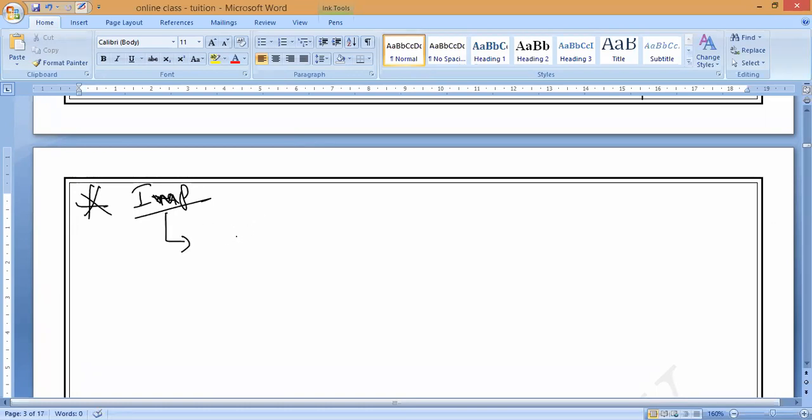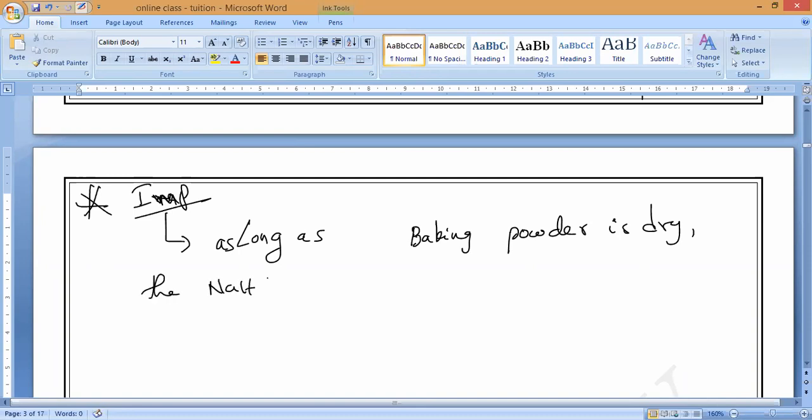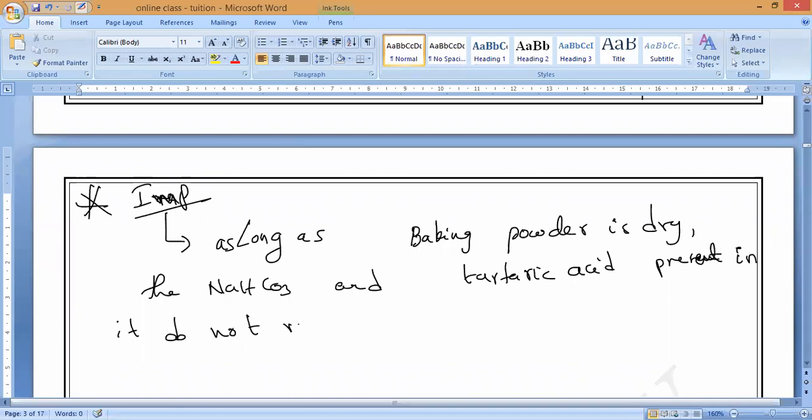Please write it, all of you. As long as baking powder is dry, the sodium hydrogen carbonate and tartaric acid present in it do not react with each other.